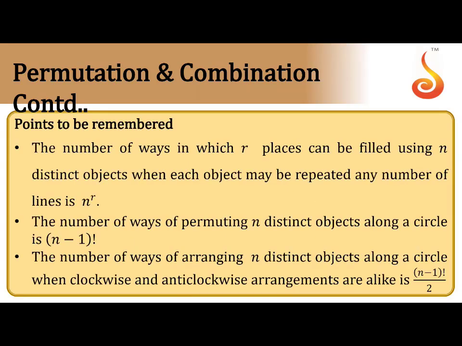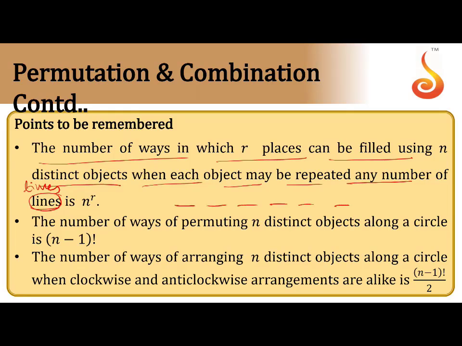So the point to remember, what we discussed now: the number of ways in which r places can be filled with n objects, when each of the objects may be repeated any number of times. So suppose there are places 1, 2, and so on.